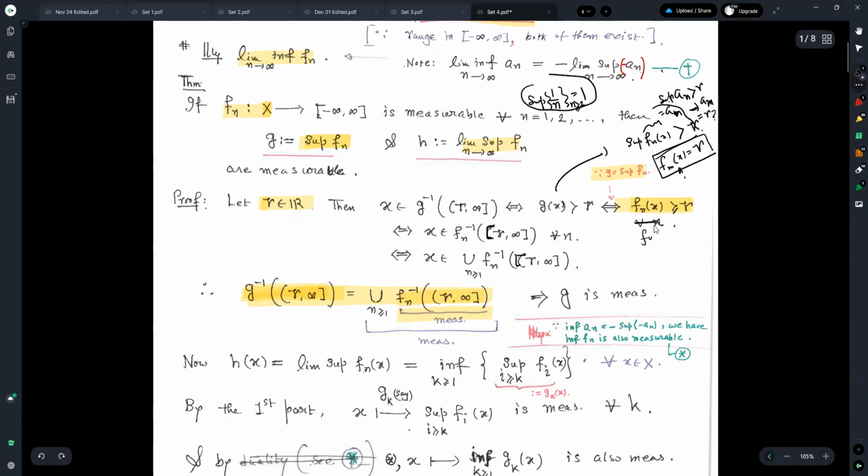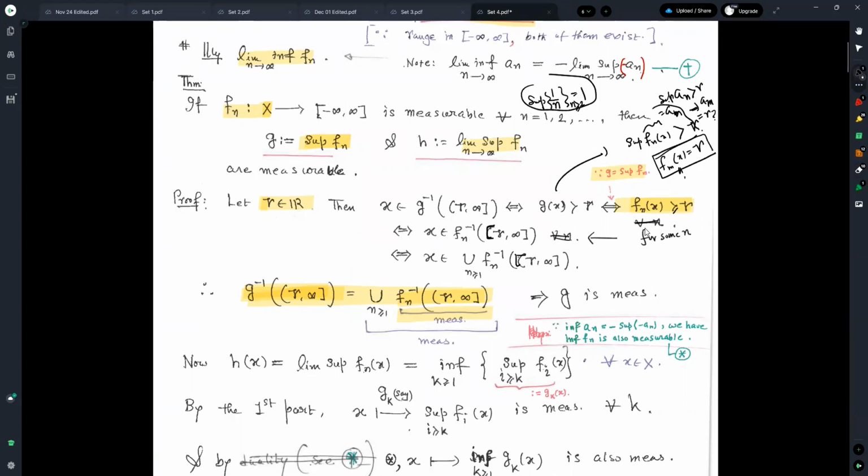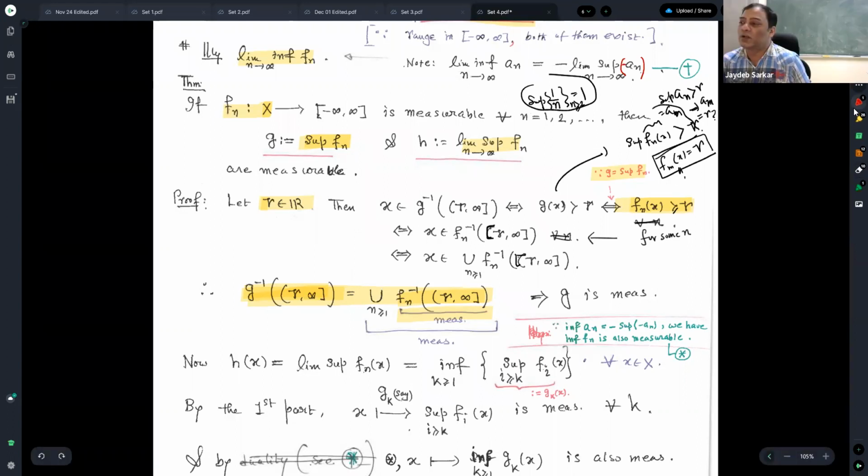Yeah, in this line also for some n, in another line also for some n, and ultimately it is in the union, because I'm taking the union, right? Okay. Yeah, I think you are right. Thanks. In any case, thank you for that. And now, is it going to be strictly larger than R? Yes, that part has to be strict, right?